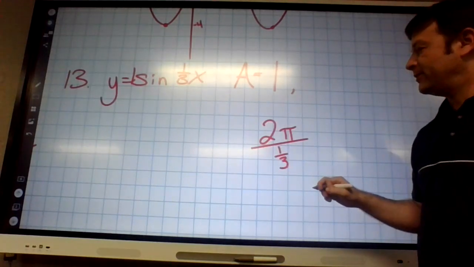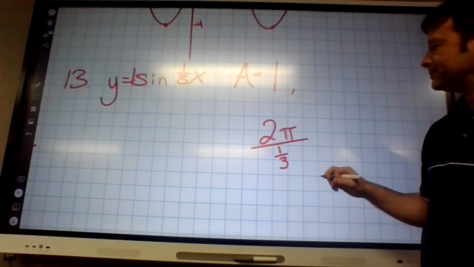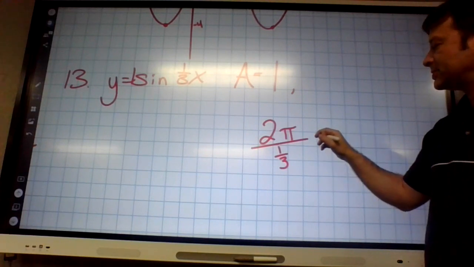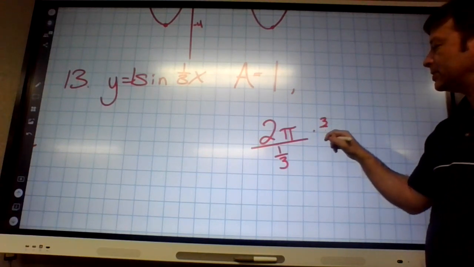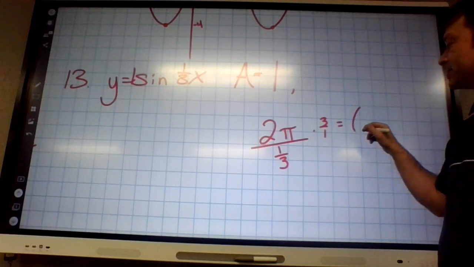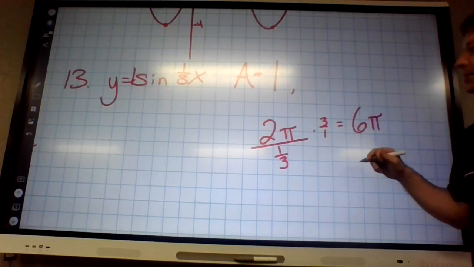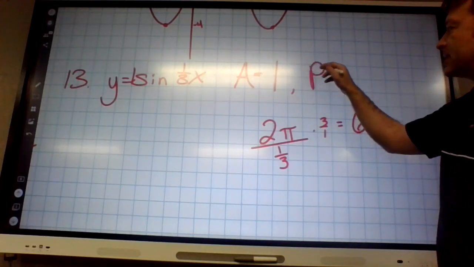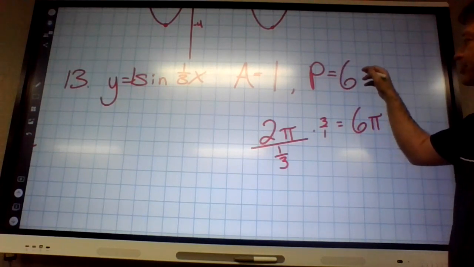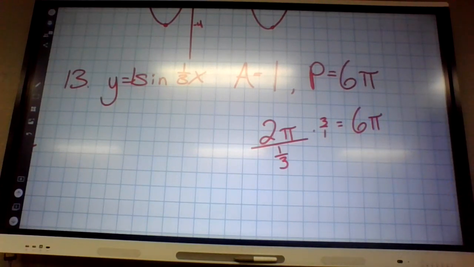What is 2 pi divided by 1/3? Yeah, that's like multiplying by 3 over 1. So it's just going to be 6 pi. So that's the period. We're supposed to say that. Period equals 6 pi. That's how long the graph's going to go before it repeats itself.